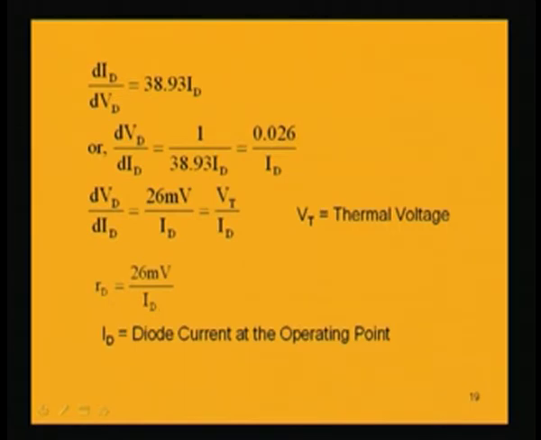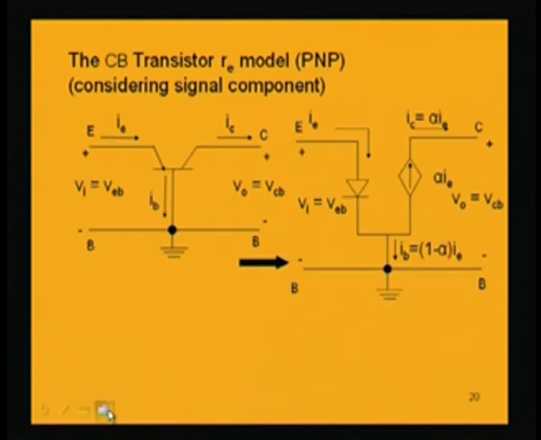Now, if we consider the emitter base junction for our particular transistor, the common base transistor, this Id will be nothing but capital IE, the emitter current, which is basically the diode current in the forward bias junction. This was the circuit where we had the diode between emitter and base.